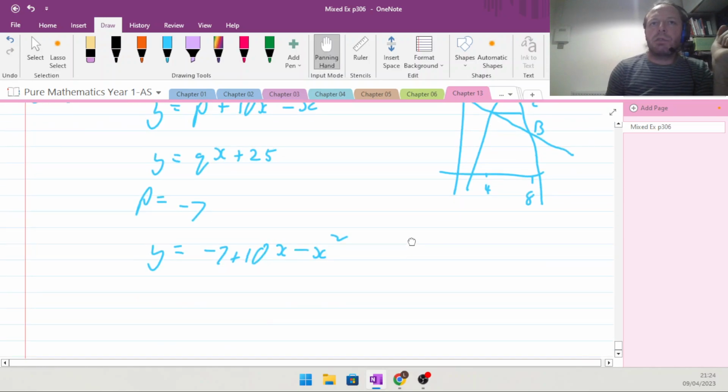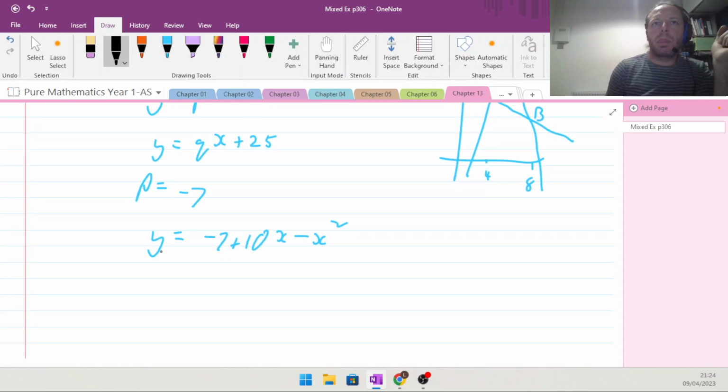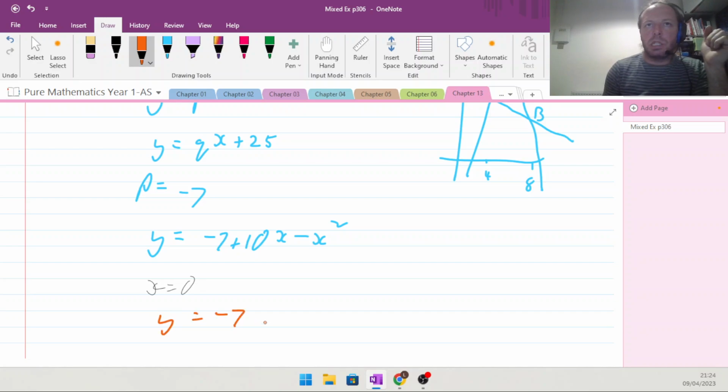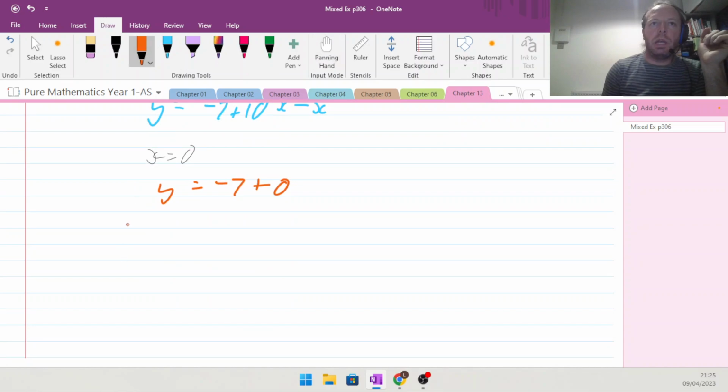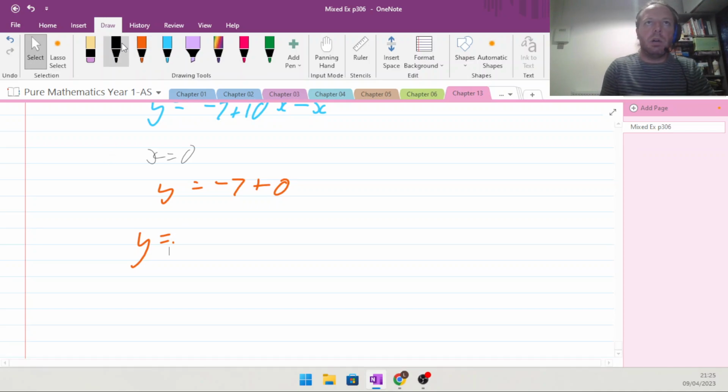When x equals 0, y equals minus 7 plus 0, so it cuts down there. We can also find the value of the curve when x equals 4.